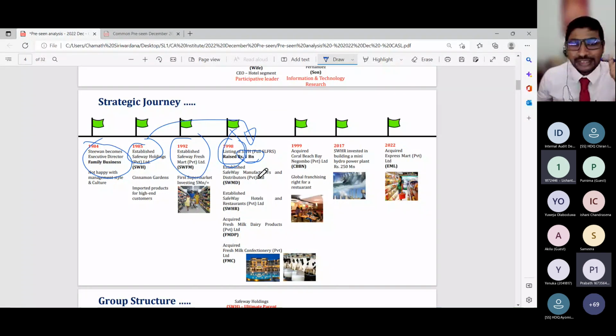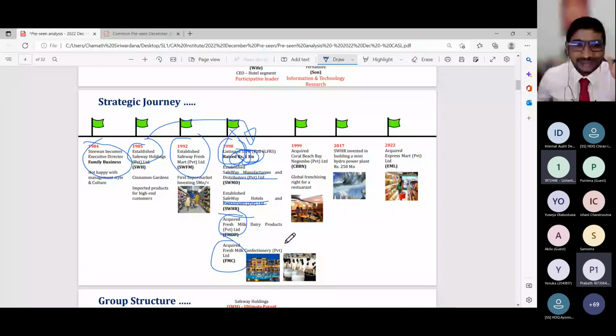Why? A lot of subsidiaries were acquired in this particular year. Whatever funds they received from the holding or the initial public offer, they used to establish some subsidiaries: Safeway Manufacturers and Distributors Private Limited, Safeway Hotels and Restaurant Private Limited, and they acquired two other subsidiaries in this year.